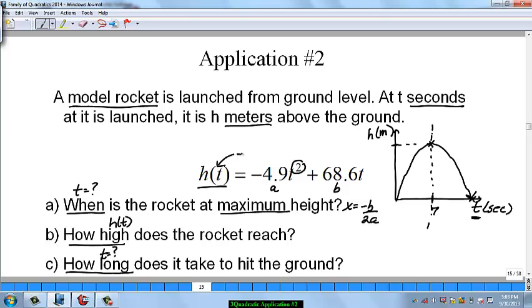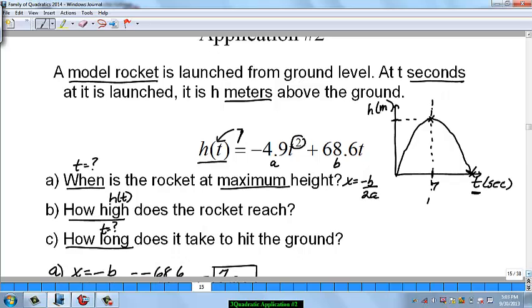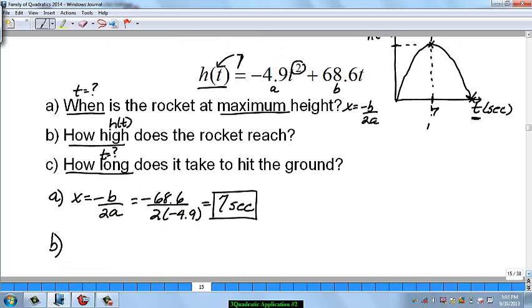If I put the 7 right in there, then I can find how high it goes at that time. So the height at 7 seconds is negative 4.9 times 7 squared plus 68.6 times 7. Plugging that into my calculator, I get the height to be 240.1 meters.